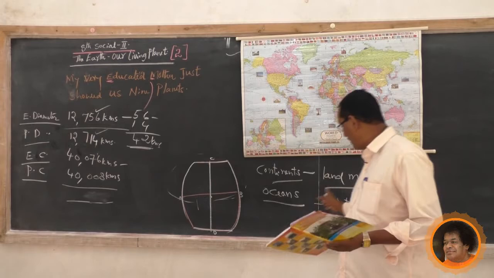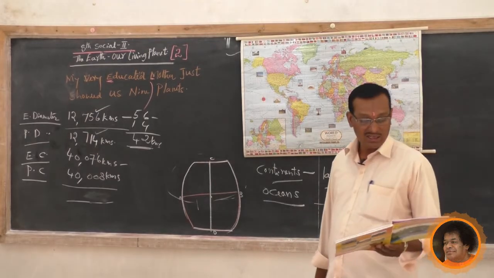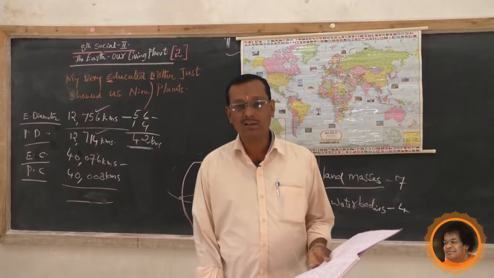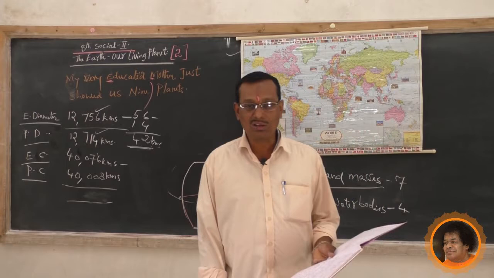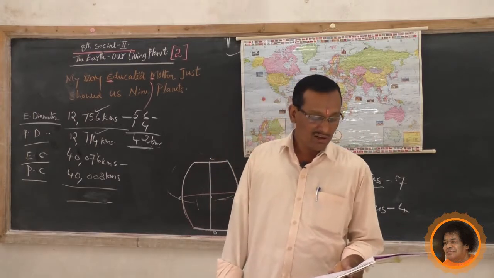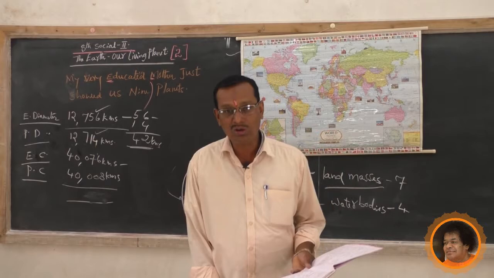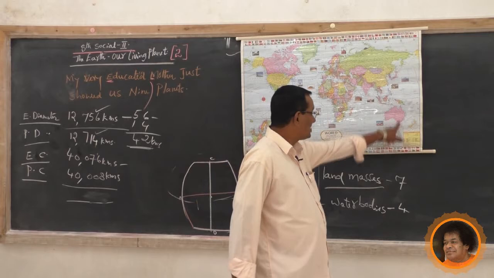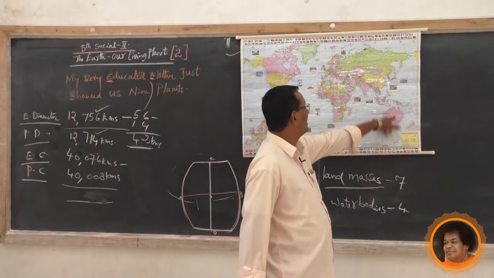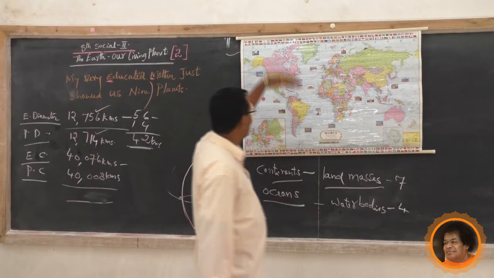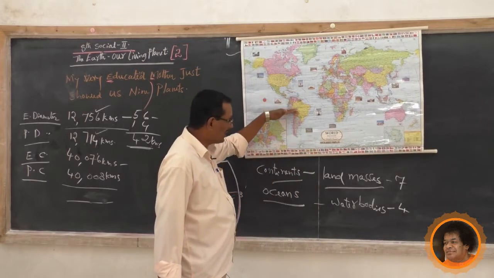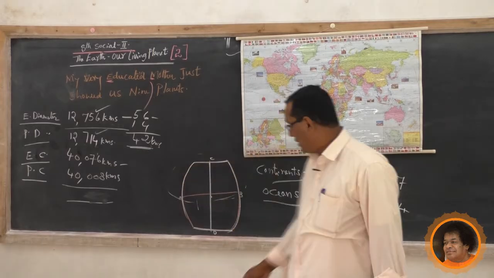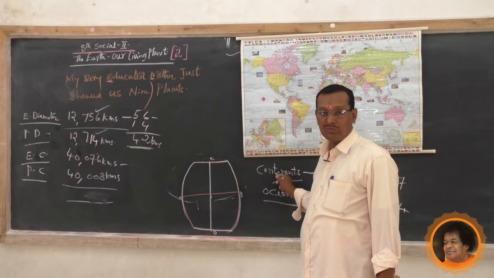Now, which are the 7 continents? The 7 continents are Asia, Africa, North America, South America, Antarctica, Europe and Australia. These are the 7 major continents of the earth.